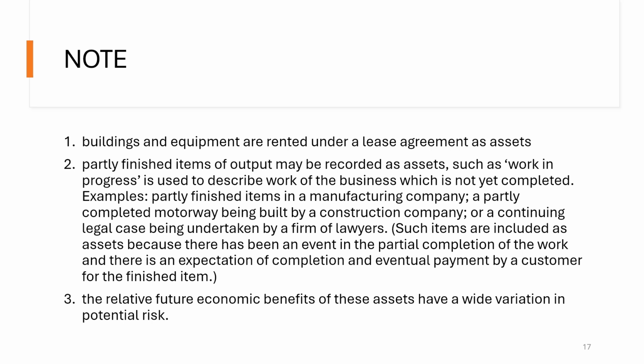Such items are included as assets because there has been an event in the partial completion of the work and there is an expectation of completion and eventual payment by a customer for the finished item. The relative future economic benefits of these assets have wide variation in potential risk.